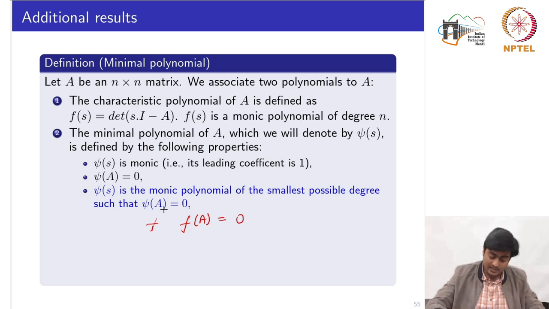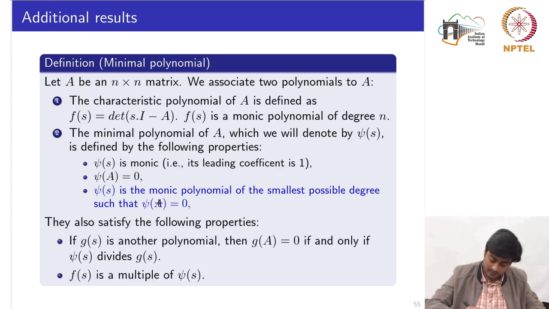We will consider a couple of examples by which you would get a clear picture of how to compute this minimal polynomial. There is another property: if g of s is another polynomial, then g of A is equal to 0 if and only if psi of s divides that polynomial g of s.